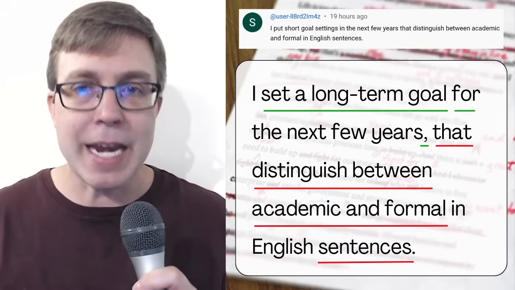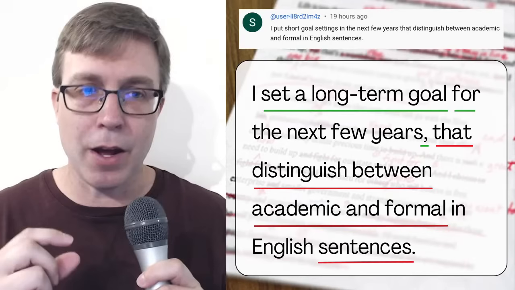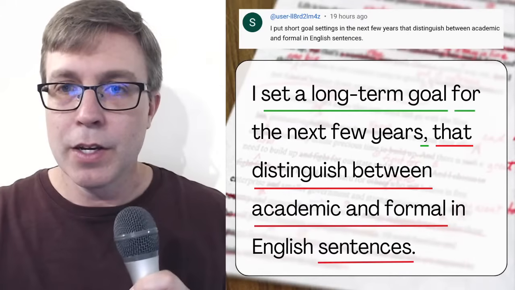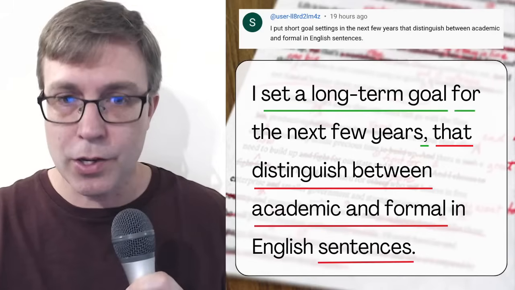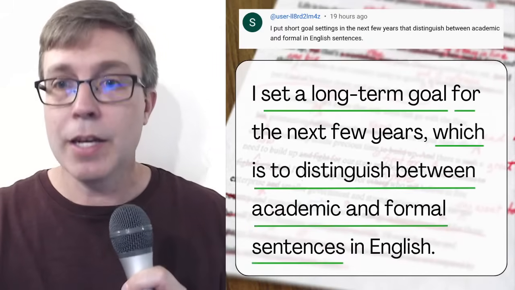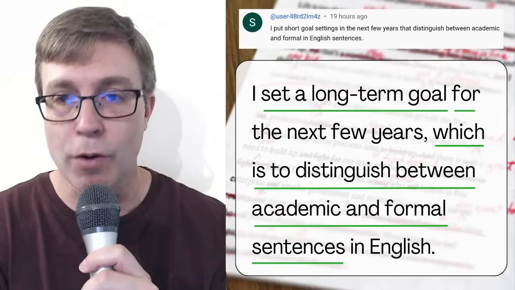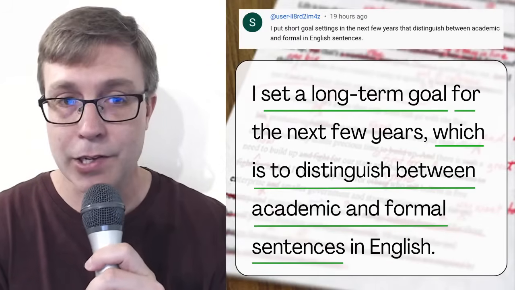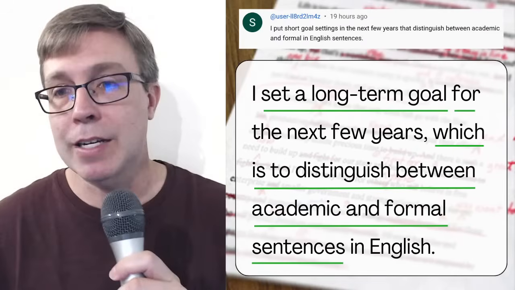So there needs to be a noun that follows. So that's why I'm going to shuffle around some of these words. I set a long-term goal for the next few years, which is to distinguish between academic and formal sentences in English. I believe that's maybe what this person was trying to say.